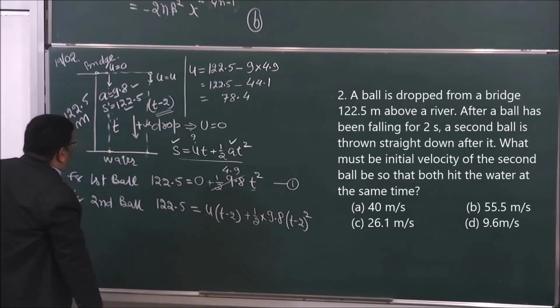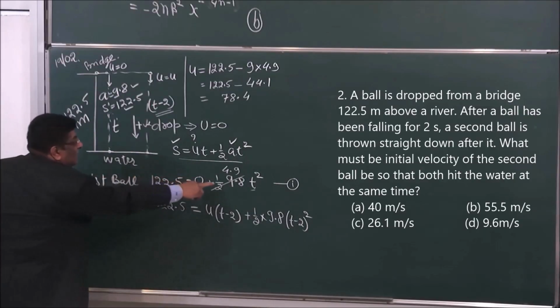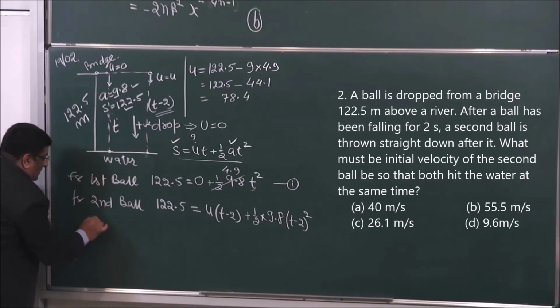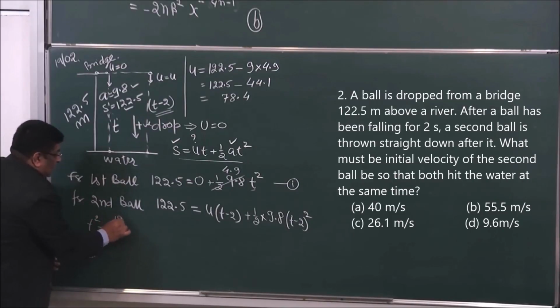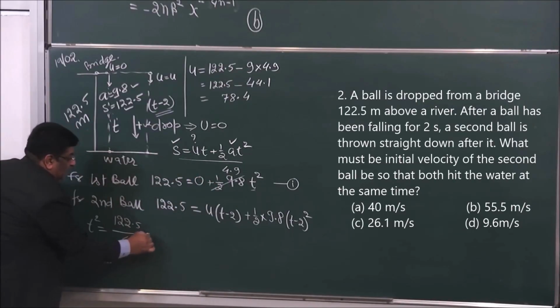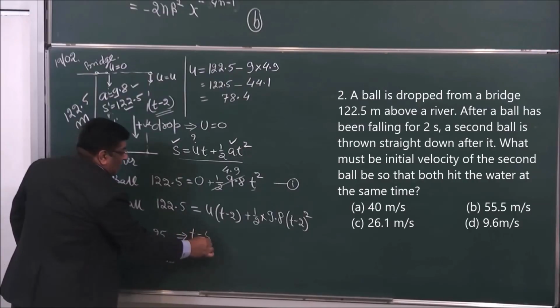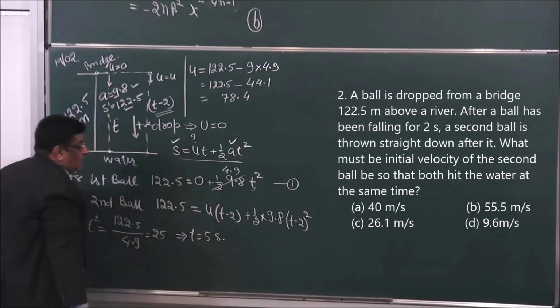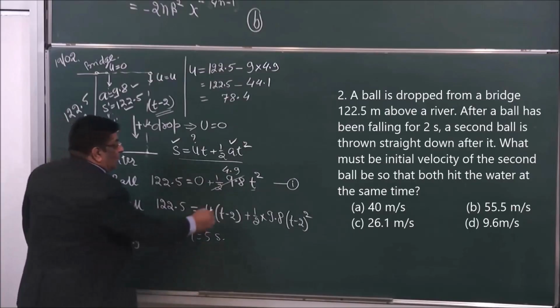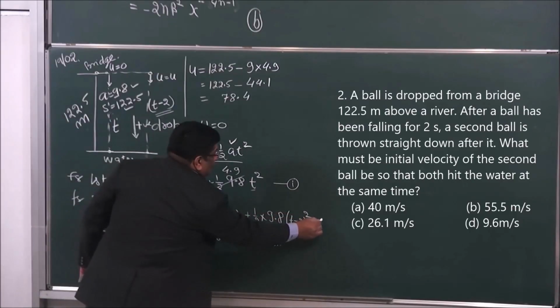Now from equation number 1, 122.5 is 4.9 t square, which gives us the value of t square. T square is equal to 122.5 upon 4.9, and this is equal to 25. If t square is equal to 25, then t is equal to 5 seconds. We put this value of t in equation number 2.